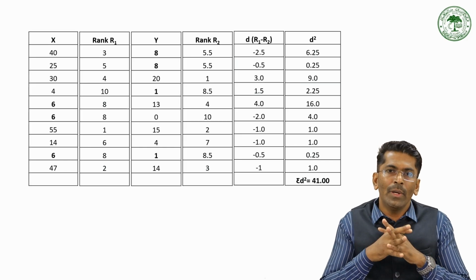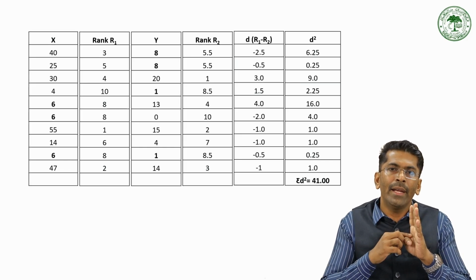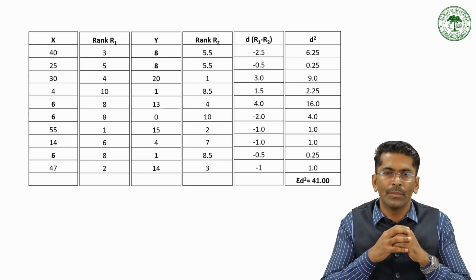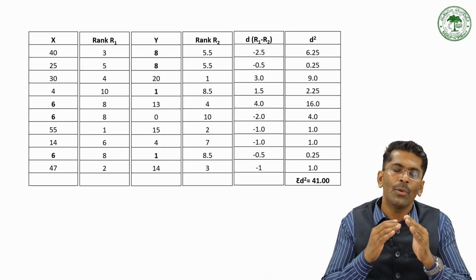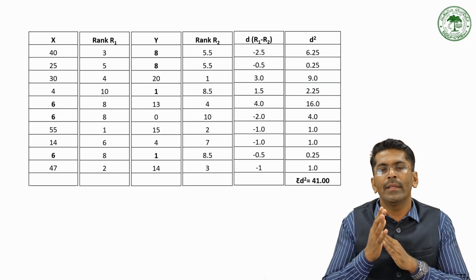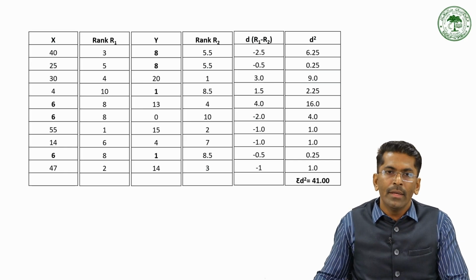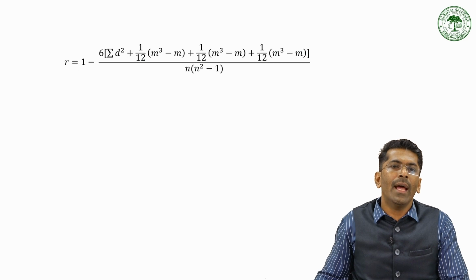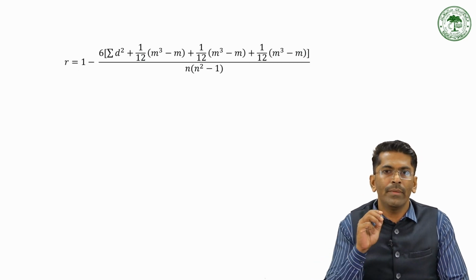See what we actually did here. Keep in mind again, if we have any repeated terms or repeated ranks, then we have to calculate the average rank, and then accordingly calculate the difference between the two ranks. Now, we have three corrections which we made here.